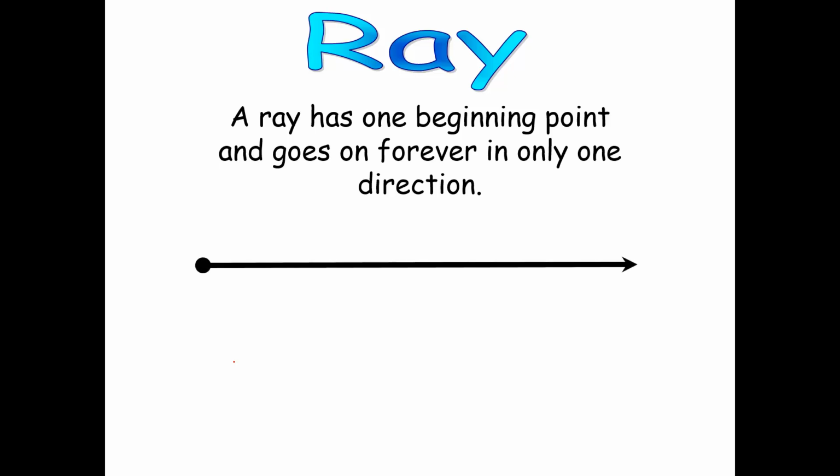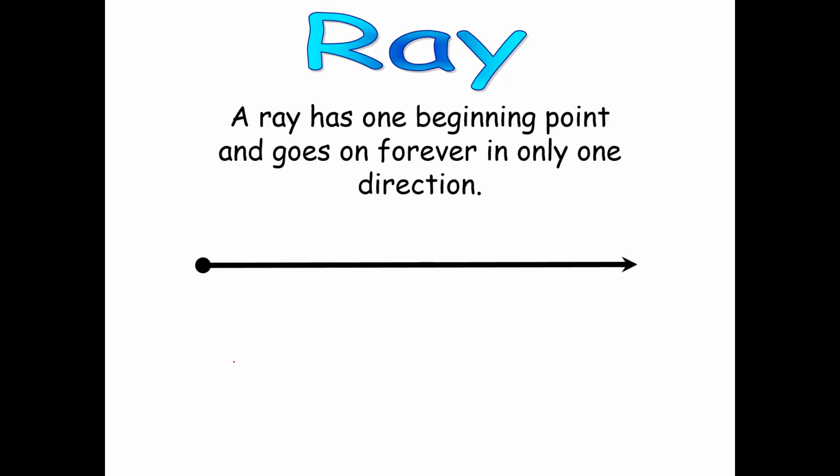So instead of two directions going to both ends, this one has just one arrow sign. Whether it's going to the right end or the left end, it's the same thing. But notice that if it has only one direction like this, and the other end is just a point, this is what we call a ray.